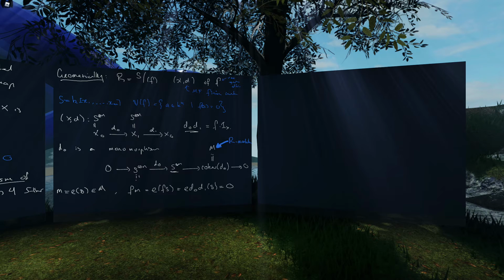So the R modules which arise in this way are special. We'll let K(R) denote the subcategory of R modules which can be put into short exact sequences of this form here, where we have two free S modules in this short exact sequence.